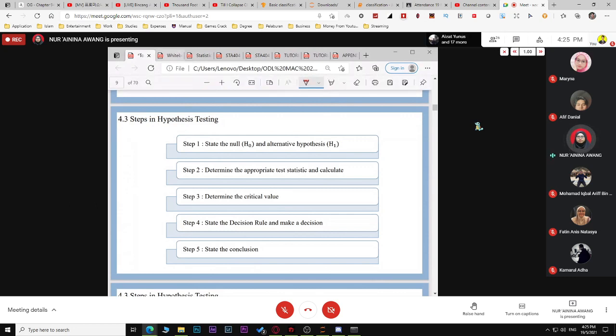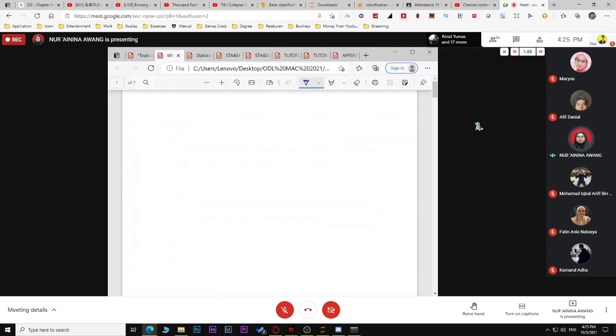Okay, so what is the difference between topic 3 and topic 4? For topic 3, usually the question will ask you to construct or to find or to calculate a 95% confidence interval.